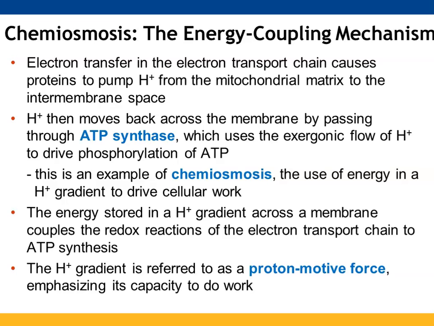So we're taking the redox reactions that are occurring along the electron transport chain, and we are using the energy that is stored in that hydrogen gradient to make our ATP. That hydrogen gradient often is called a proton motive force, since we're able to use it to do work to make those ATP energy molecules that then can be used throughout the rest of the cell.